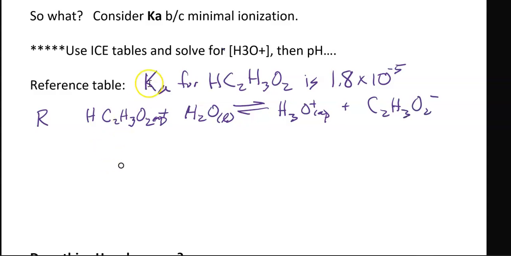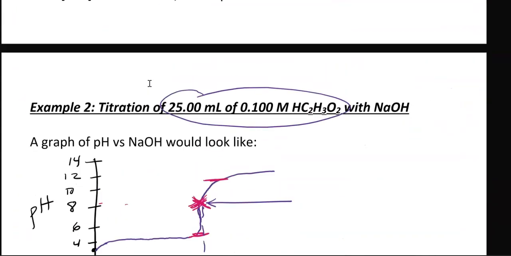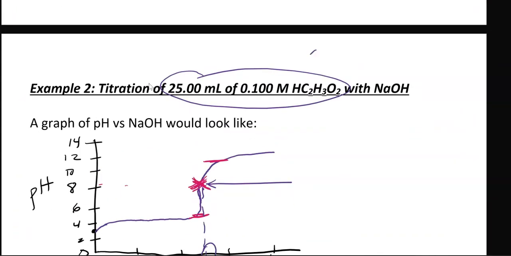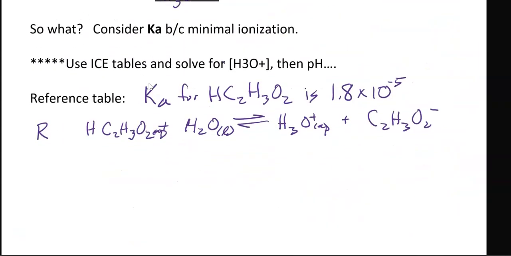Now, if you go back a page, you'll see that we knew the molarity of the weak acid from the get-go. So that would be our initial concentration of our weak acid before the reaction has taken place. So it was 0.100 molar.